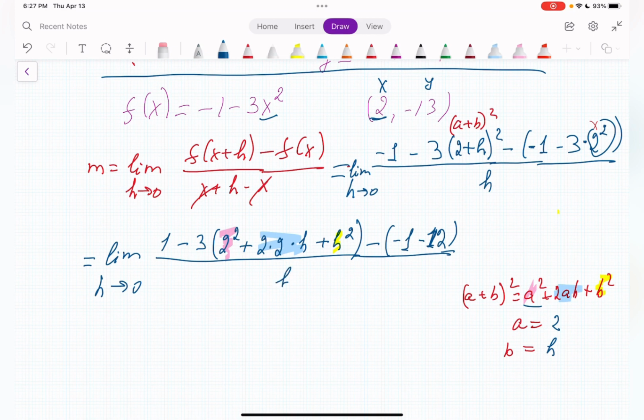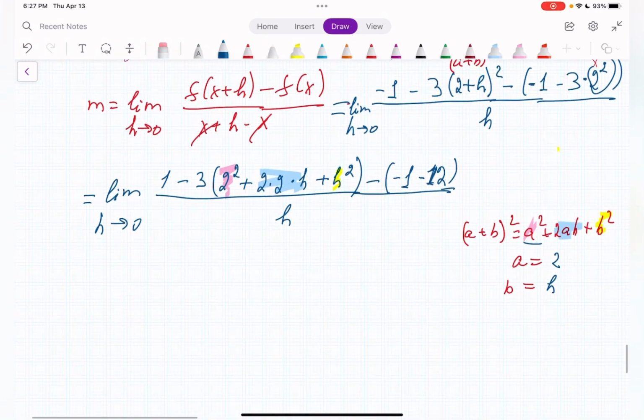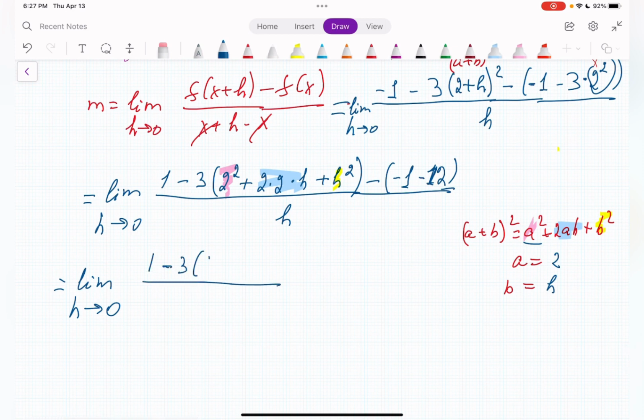Divided by H. So we are getting the limit as H approaches 0 of 1 minus 3 times 4 plus 4H plus H squared, and it's going to be minus negative 1, negative 12 is negative 13.